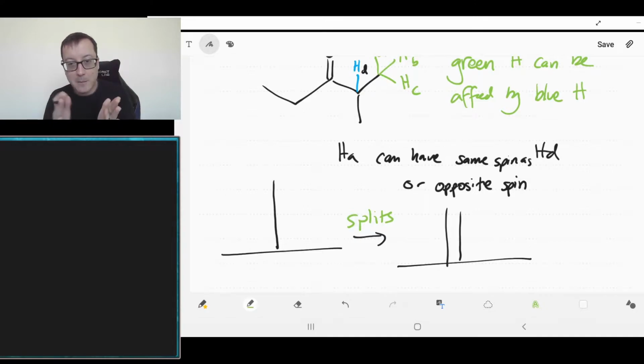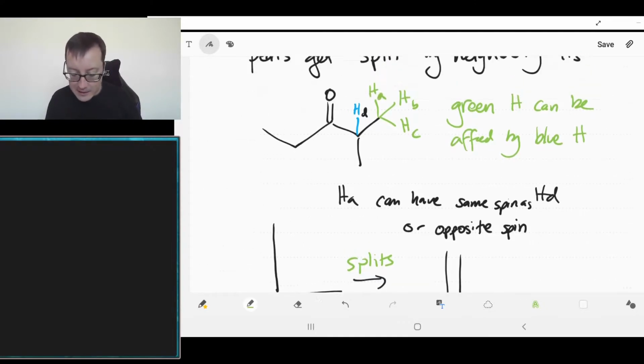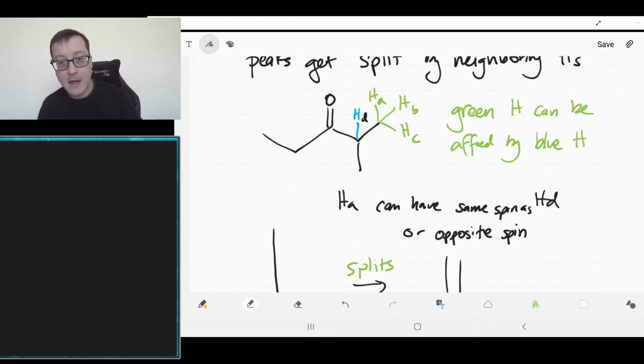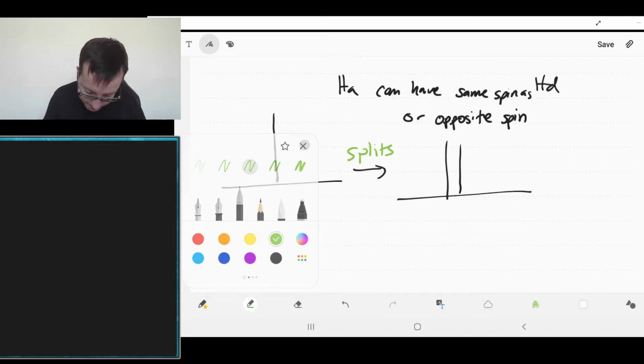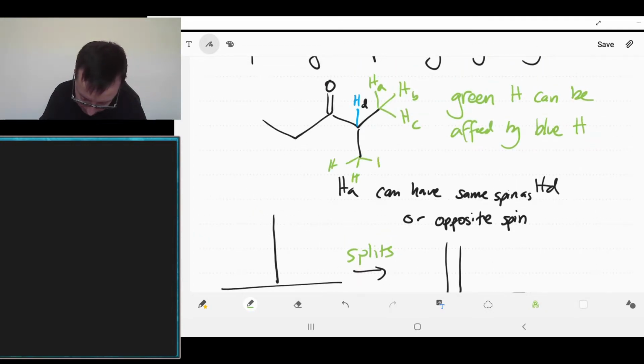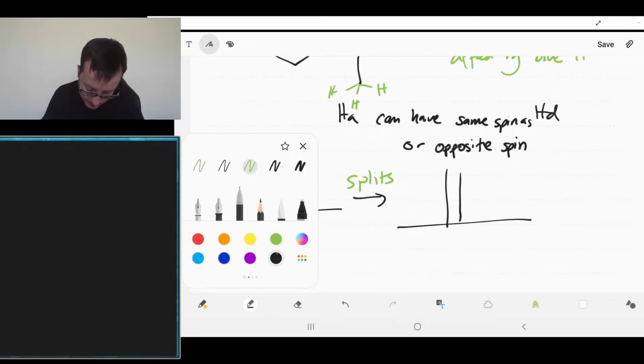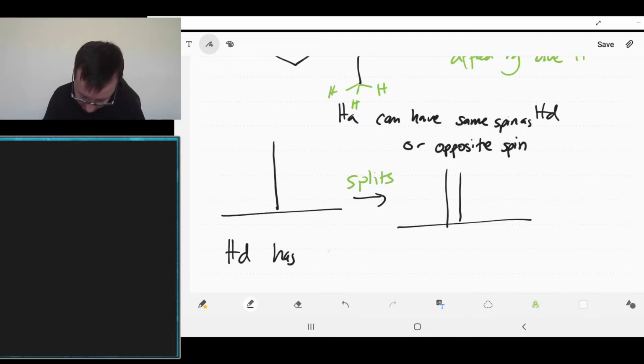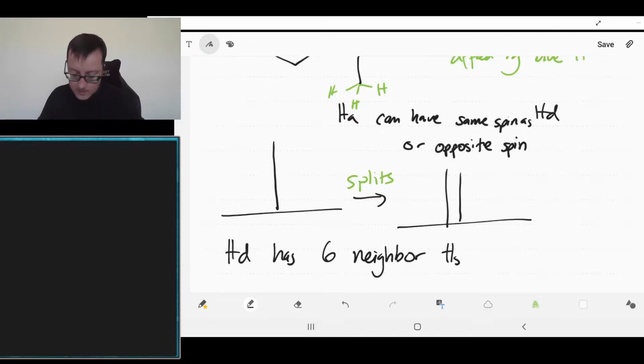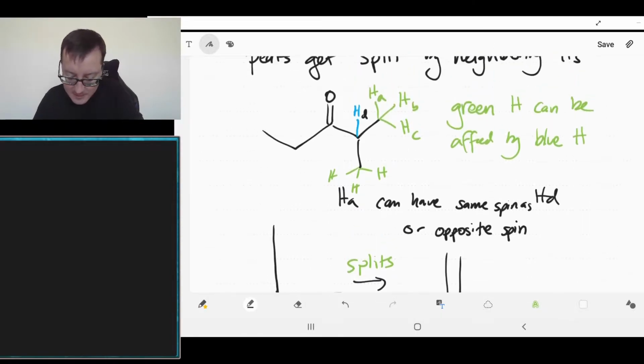And so we're going to end up splitting our peak in two because we have a hydrogen here, HD, that can split hydrogens A, B, and C. Hydrogen D, on the other hand, has 6 neighbors. Those three had just one neighbor, so it splits in two peaks. We're going to see that HD can also be affected by every single one of those green hydrogens. And so it just depends on how it's going to look.